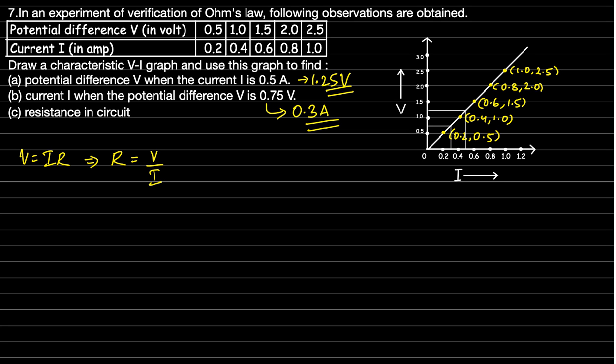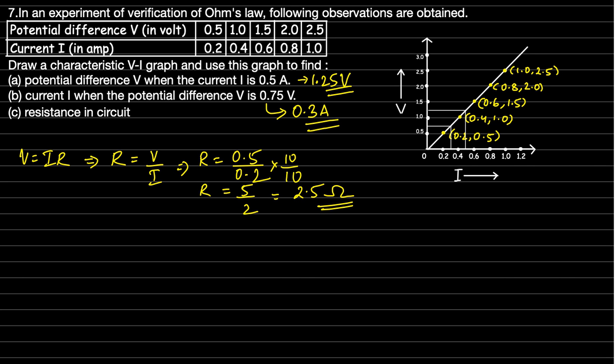So we get R as 0.5 divided by 0.2. So we multiply numerator and denominator by 10, and we get resistance as 5 divided by 2, and the resistance happens to be 2.5 ohms.